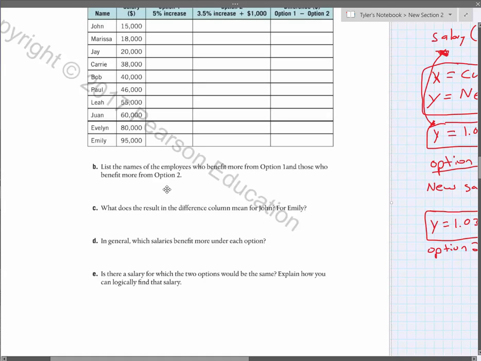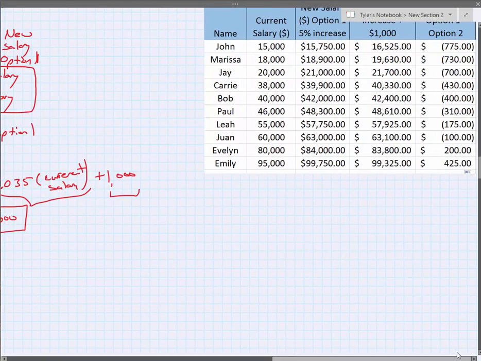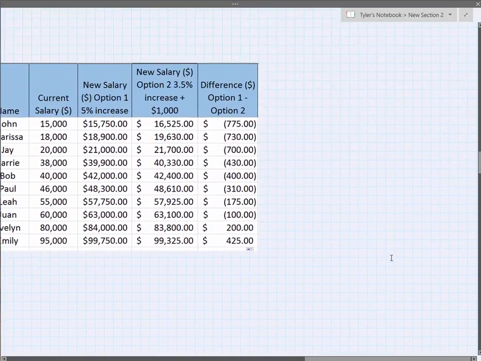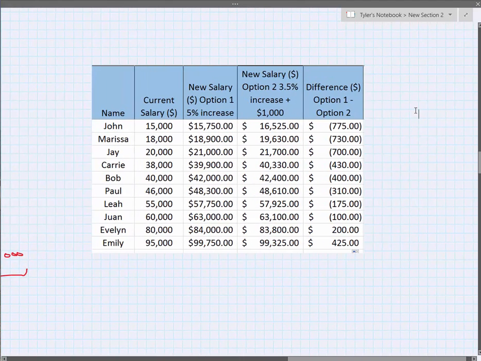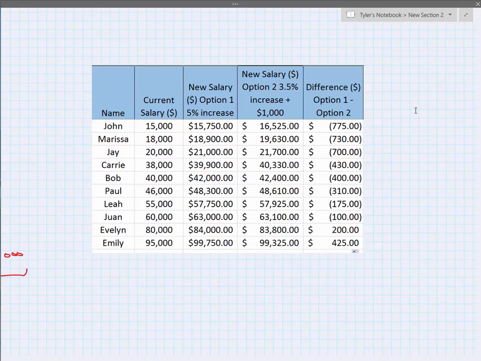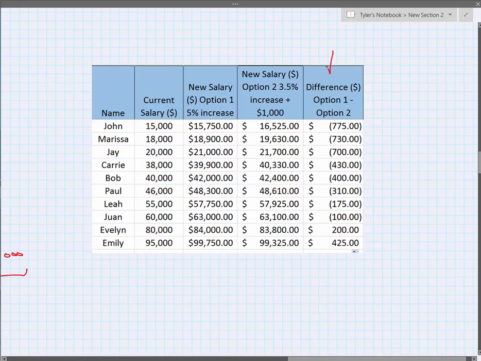Part B says let's list the names of the employees who benefit more from option 1 and those who benefit more from option 2. Remember, if we go back to this table, if someone benefits more from option 1 or option 2, it means they're getting more money. If we pay particular attention to the difference, all of these values are negative.